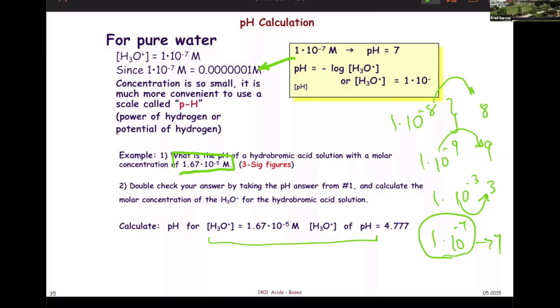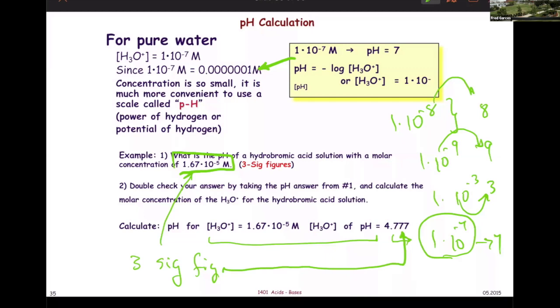You need to round off your numbers to the correct number of significant figures. And right now, if you look at this concentration, there are 3 sig figs there. When you do a log function, the significant figures are after the decimal point. So 3 sig figs in your value means that you have to have 3 digits past the decimal point.